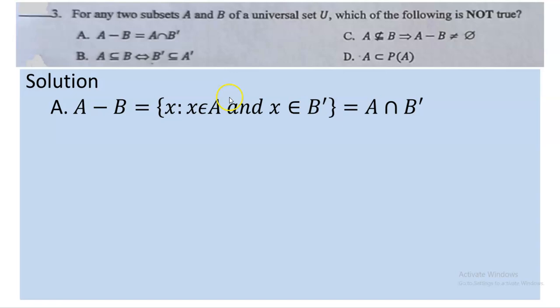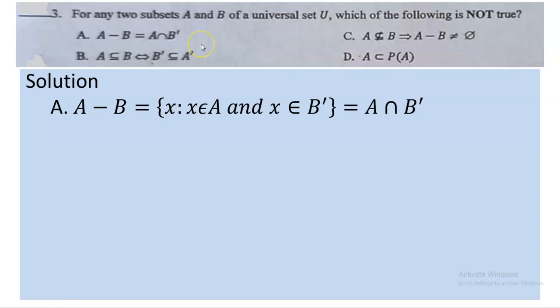So if X is an element of A and X is an element of B prime, X is an element of the intersection. So we can say that A without B is the same as A intersection B prime.